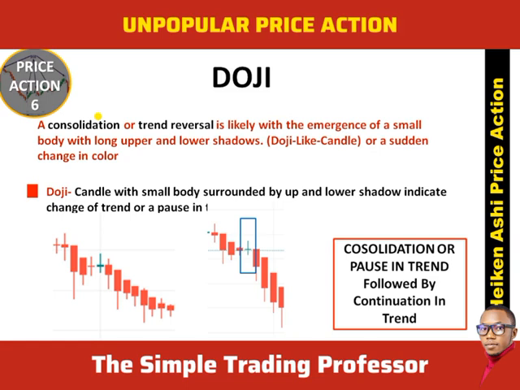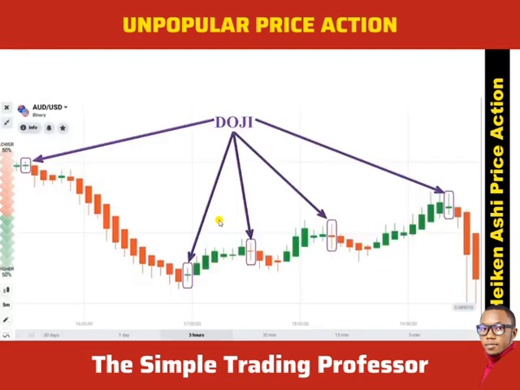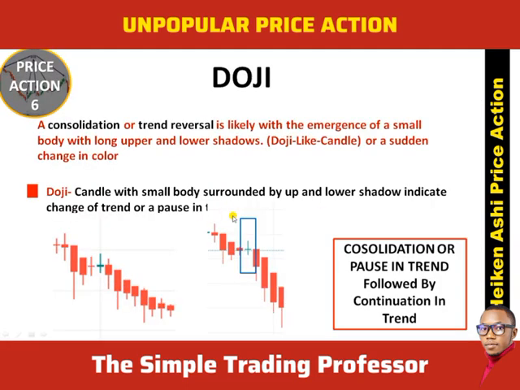Now what does it indicate? It indicates two things, so you want to be careful. Number one, it indicates a change in trend. And number two, it indicates a pause and a continuation of the trend.